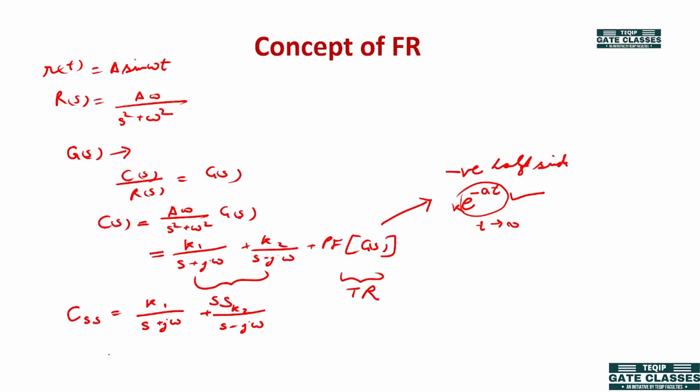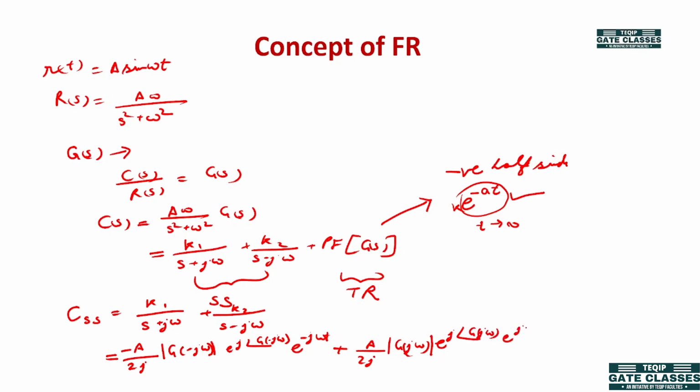Once we do the partial fraction and calculate k1 and k2, we get the equation C_ss(s) as minus A upon 2j magnitude G(minus j omega) into e to the power j angle G(minus j omega) into e to the power minus j omega t, plus A upon 2j magnitude G(j omega) into e to the power j angle G(j omega) into e to the power j omega t.